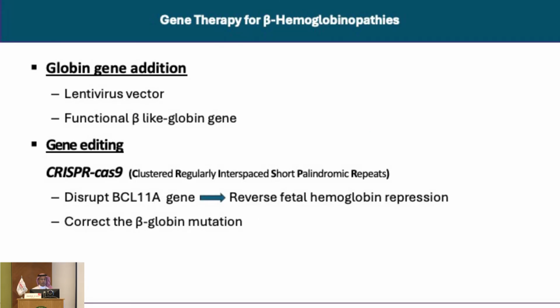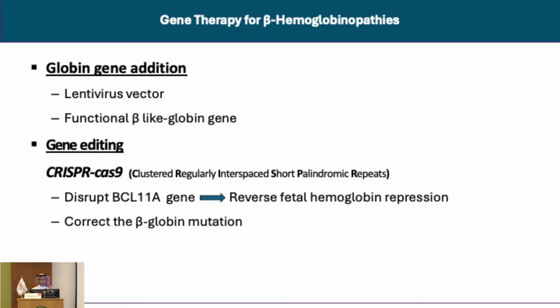We come to gene therapy. We know that gene therapy, if you talk about gene addition, is to add a desired gene to the genome. This is done through a lentivirus vector, which is a vehicle to deliver the genetic material down to the DNA and get the functional beta-like globin gene to function.